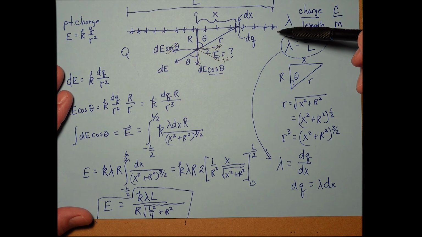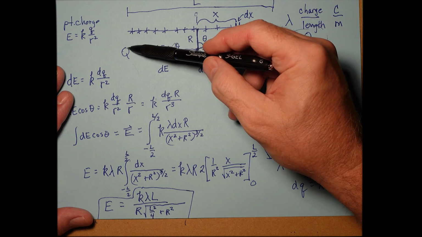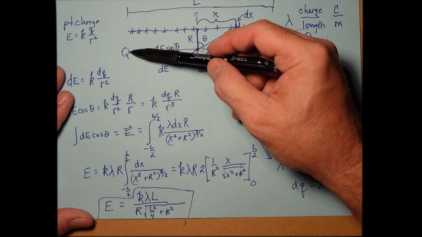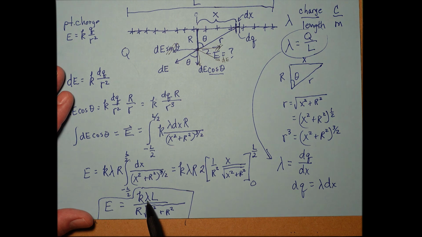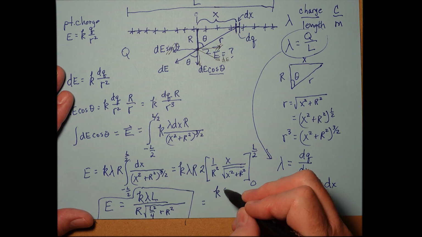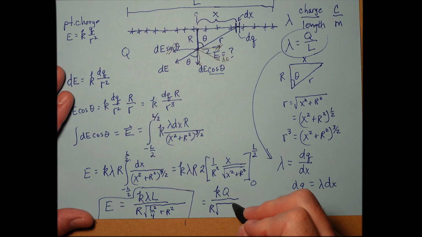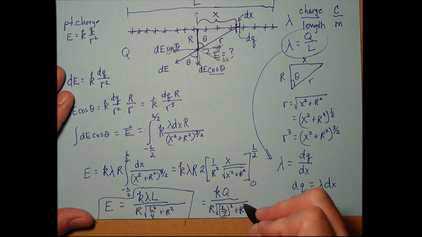Now, we could rewrite this in terms of the total charge Q. Remember I said we could say that total charge Q is a known value because lambda times L is Q. So if you wanted to rewrite this, you could write this as K Q over R square root of L over 2 squared plus R squared.